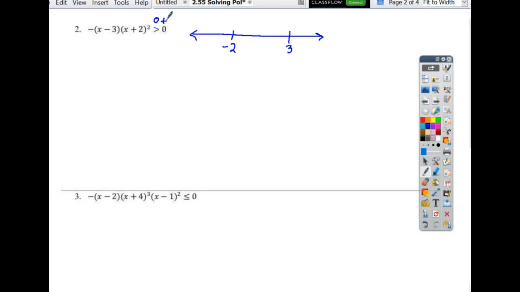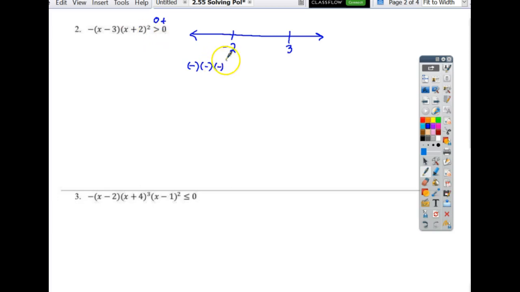So when I test, if I'm testing here and I test the number -3, the first thing I have to write down is a negative because I have a negative. I'm going to write it down here because I can't reach. So negative. If I put -3 in here, I get another negative. And if I put -3 in there, I still get negative.